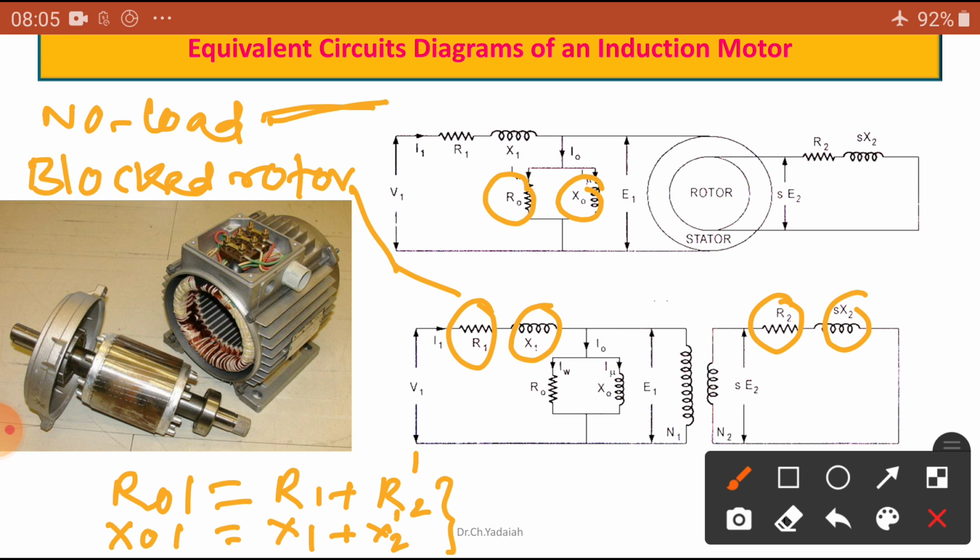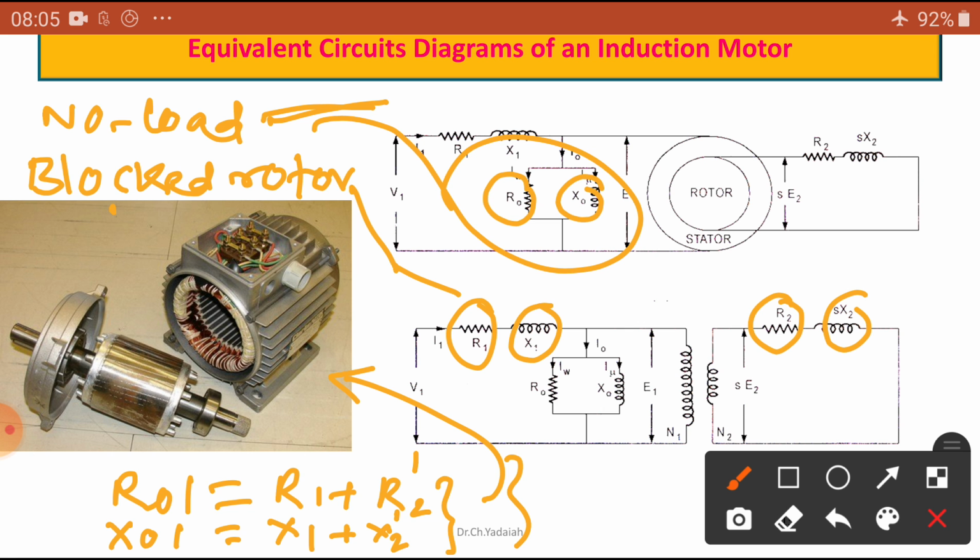These parameters I am going to find in an induction motor. Okay. So, from the blocked rotor test I am going to get these values, and from the NoLoad test I am going to calculate these values. Okay. So, let us do one by one.